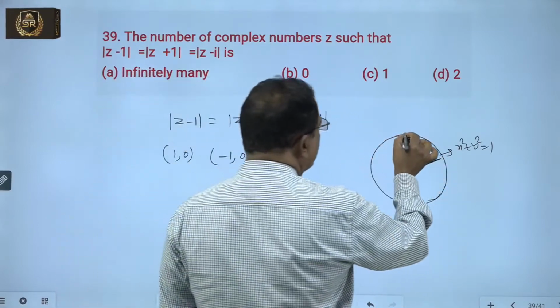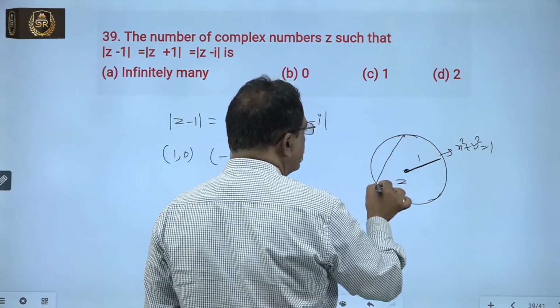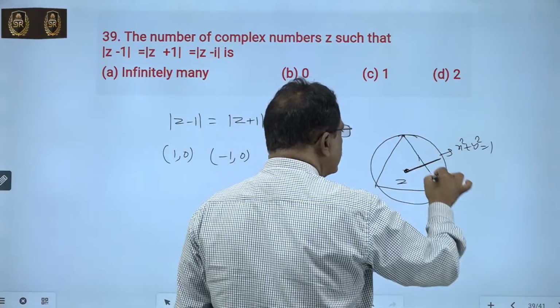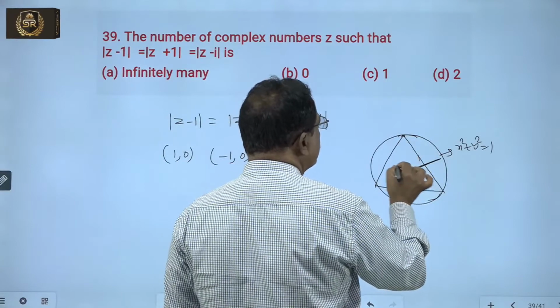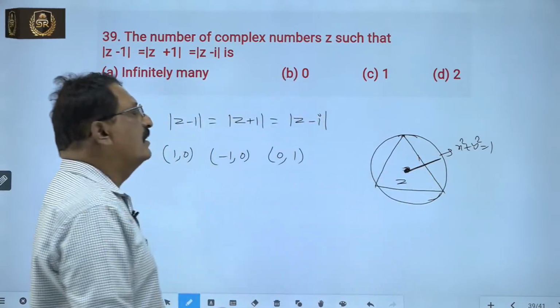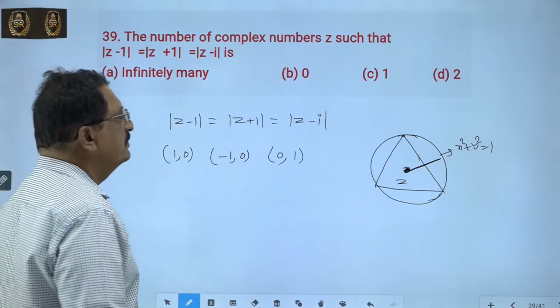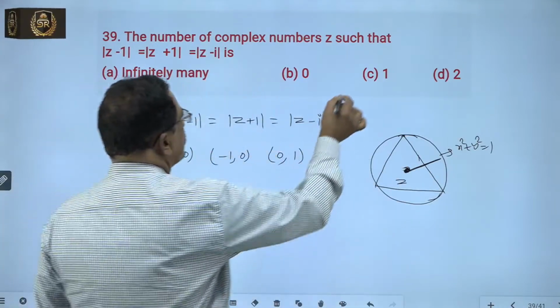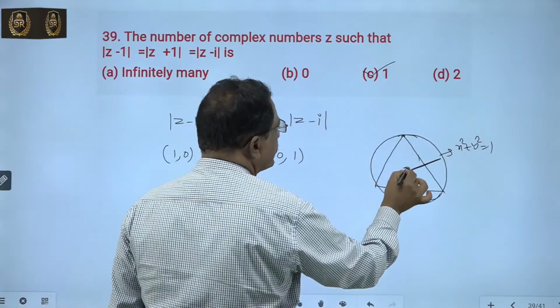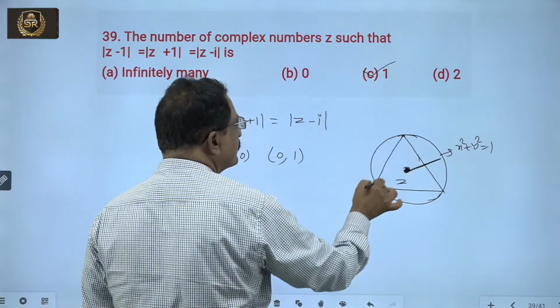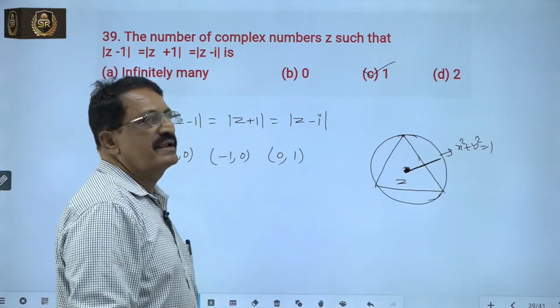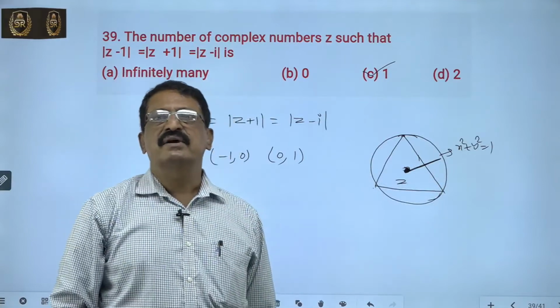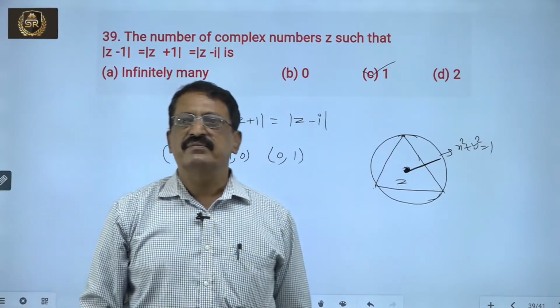Now, the 3 points lie on the circle, therefore the circumcenter is origin, means z is origin, means only one solution. The number of solutions is 1, because only one point is equidistant from the 3 vertices of the triangle, that is nothing but the circumcenter of the triangle.